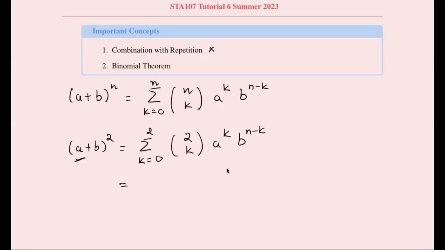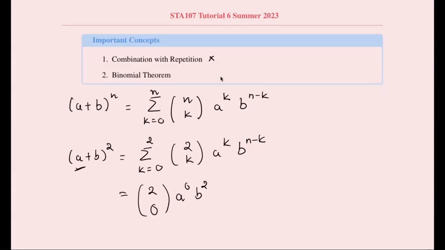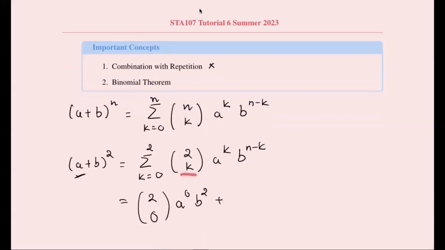If I expand it out, first I have the case when k equals 0: 2 choose 0, a to the power of 0, b to the power of 2 minus 0, which is 2. And then I add the case when k equals 1: 2 choose 1, a to the power of 1, b to the power of 2 minus 1, which is 1. And this would be the last term.